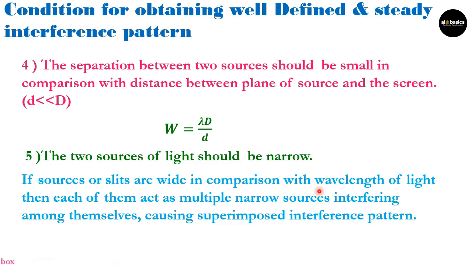Each of these slits itself acts as multiple narrow sources or multiple narrow slits, and they themselves interfere among themselves, and due to that there is a superimposed interference pattern. To avoid this superimposed interference pattern, our slits or sources should be narrow.